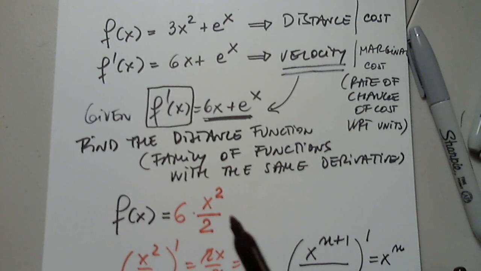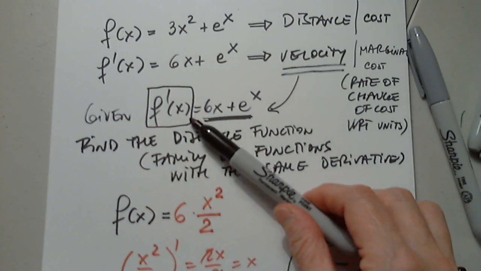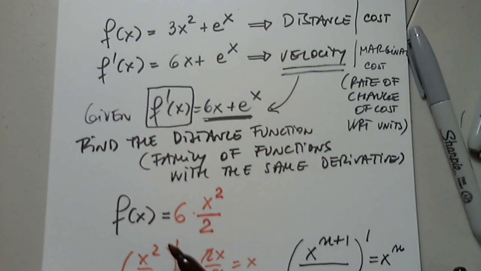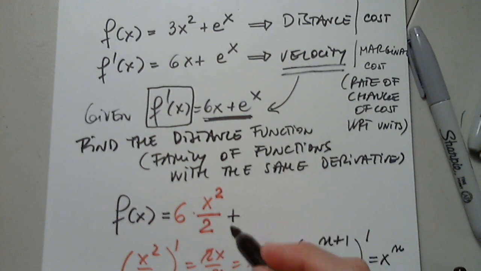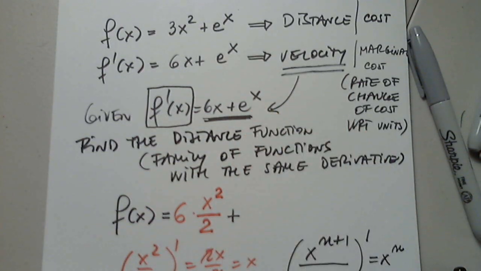So going backwards from the derivative to the function, all I have to do is increase the power by 1 and divide by the result. This result, number 2, plus. Now, which function prime is e to the x?